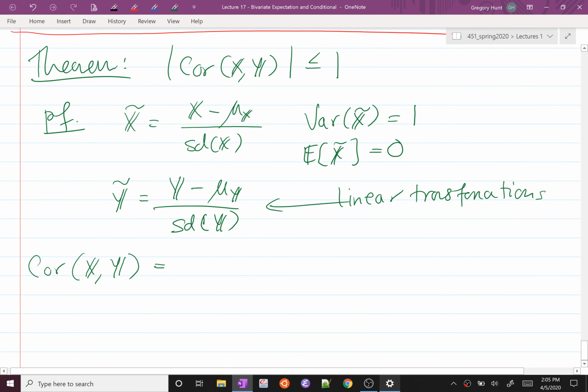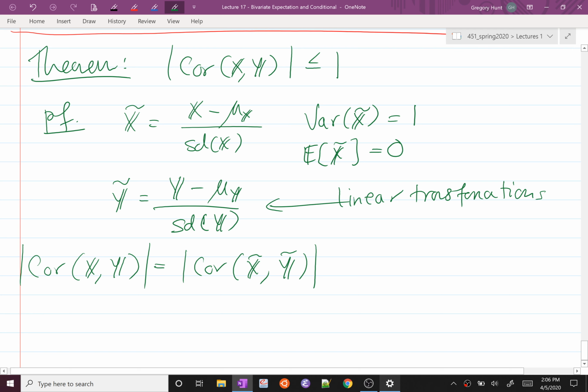So the absolute value of the correlation of x and y is the same as the absolute value of the correlation of x tilde and y tilde, because those are just linear transformations. The slope is 1 over the standard deviation, and the intercept is negative mean over standard deviation. So without loss of generality, you can just assume that the variance is 1 and the expected value is 0.